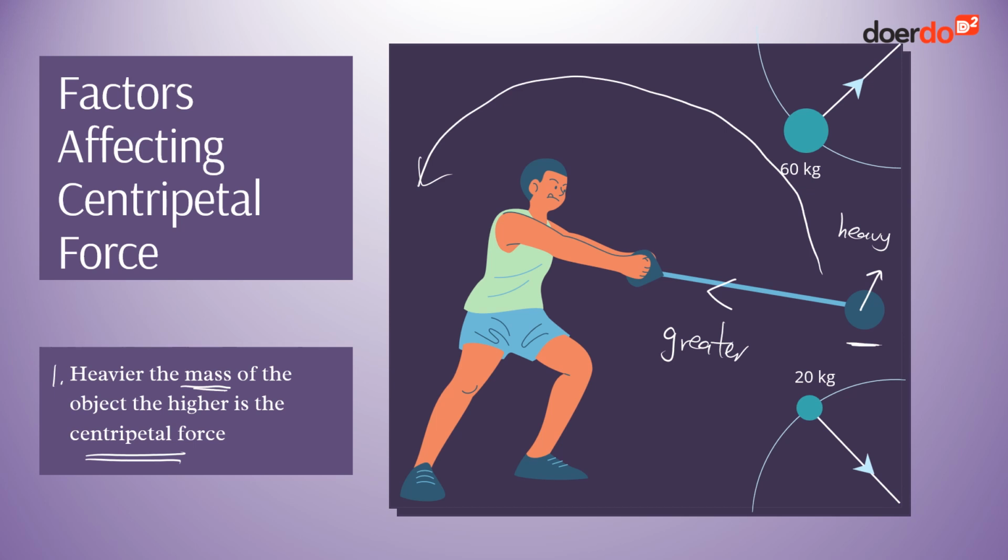If not, it will leave the orbit, correct? So if you compare this 60 kg one and the 20 kg one, this is your greater force, and this one will be weaker or smaller in magnitude.